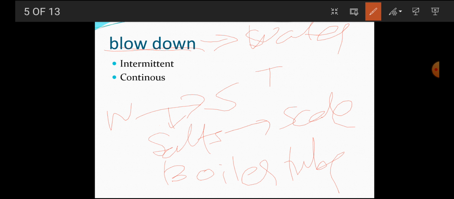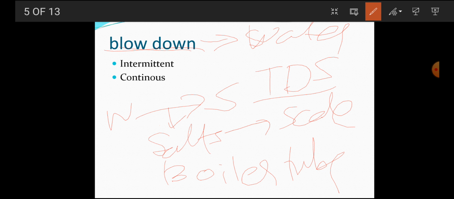So to maintain the TDS, we blow off some water and we insert new water. So that is called blowdown. However, blowdown can be a significant source of heat loss if improperly carried out. That is, it can waste our heat as we are blowing down the heated water.